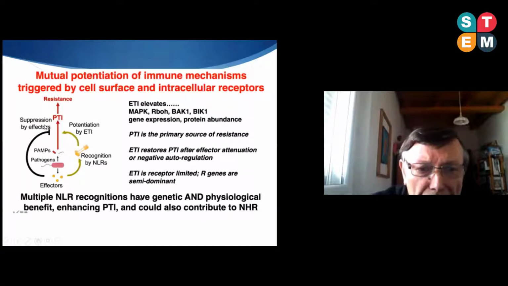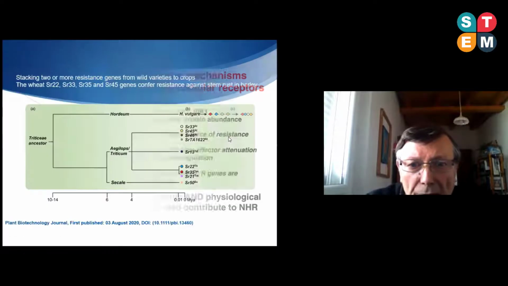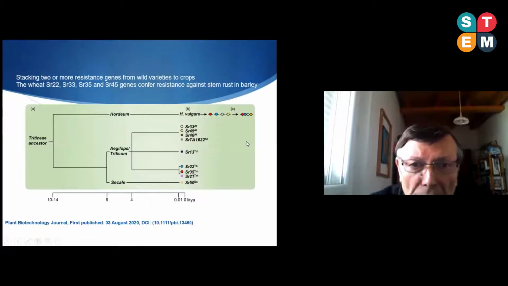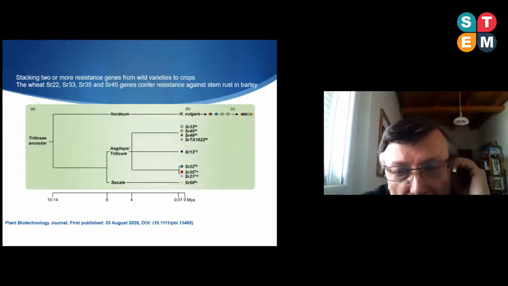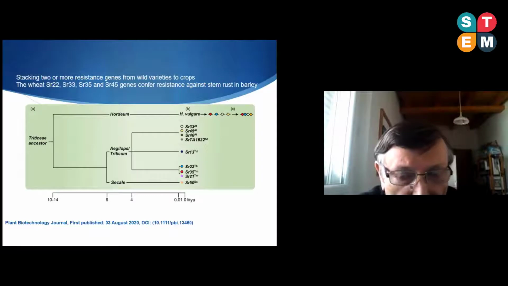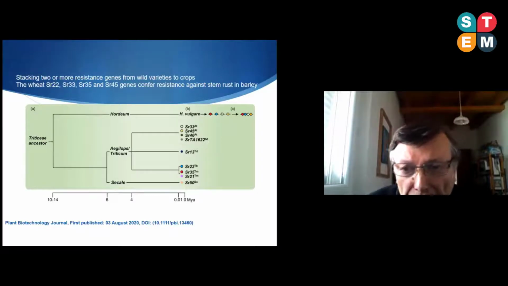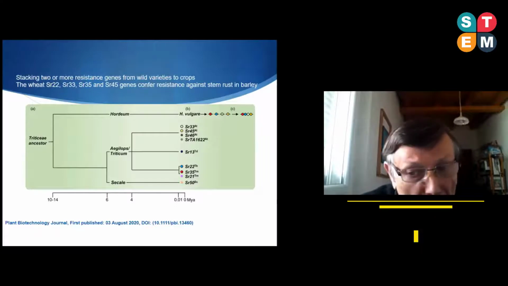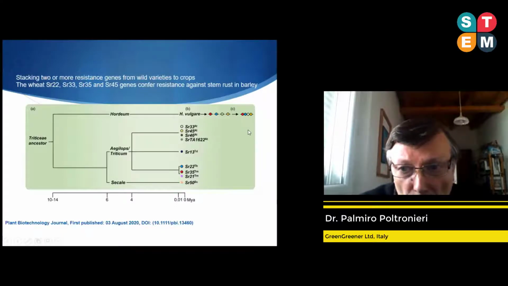But today we do not consider these events independently. This is a circular process in which effector-triggered immunity cooperates with pattern-triggered immunity. And we also have the availability of resistance genes in wild species.